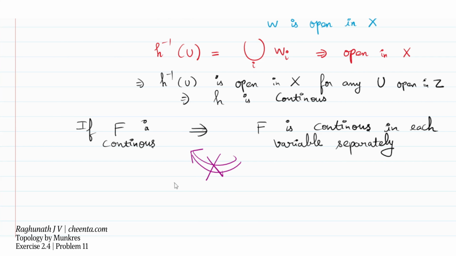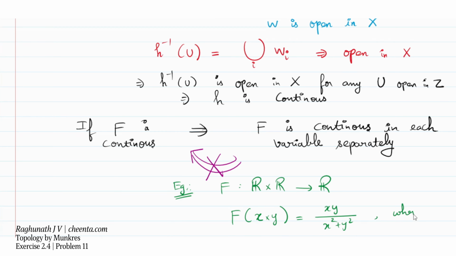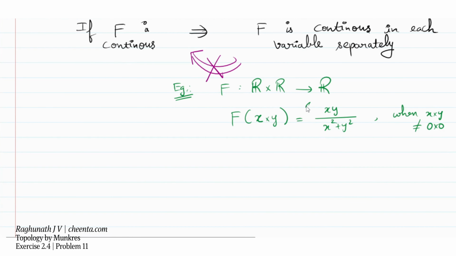The counterexample could be the function from R cross R to R, defined as F of x cross y equal to xy by x square plus y square when x cross y is not equal to 0 cross 0, and 0 when x cross y is 0 cross 0.